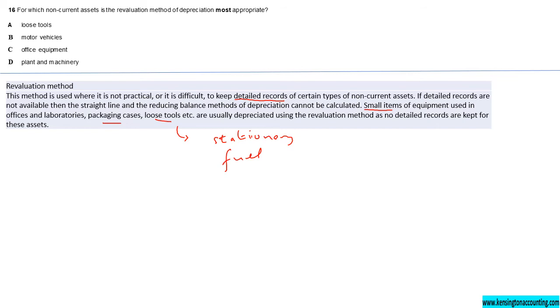So these are the types of fixed assets where the revaluation method is mostly used when it is difficult to keep records, or where it is not practical to have such detailed records. Therefore, in this particular question, the answer would be A, which is loose tools.